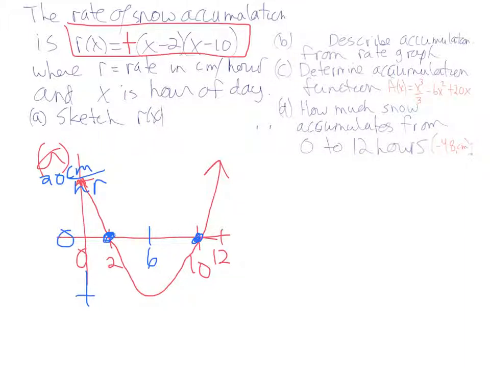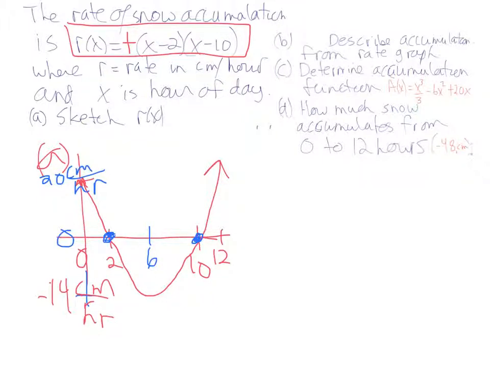So that vertex is at negative 14 and 6. So that means the fastest that snow ever melts is at a rate of 14 centimeters per hour.